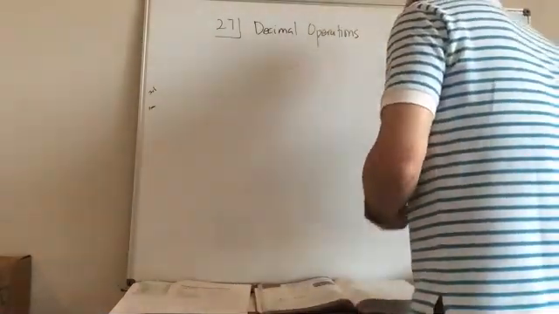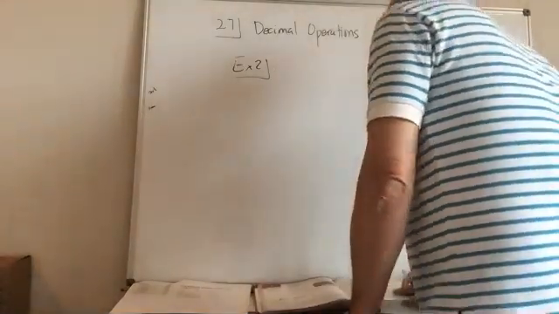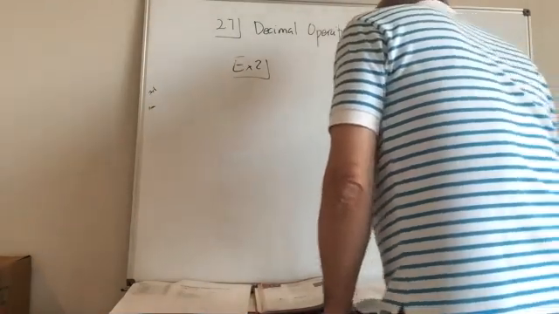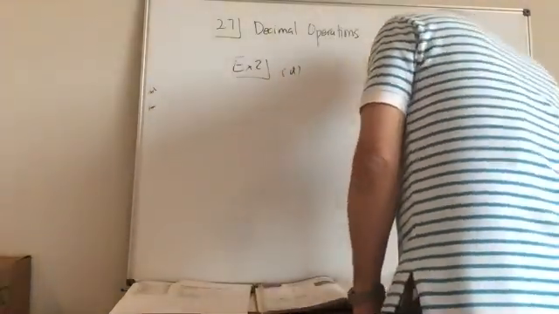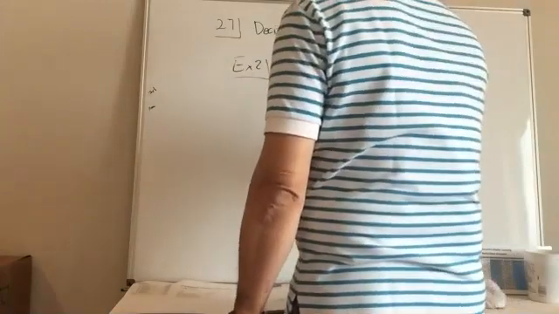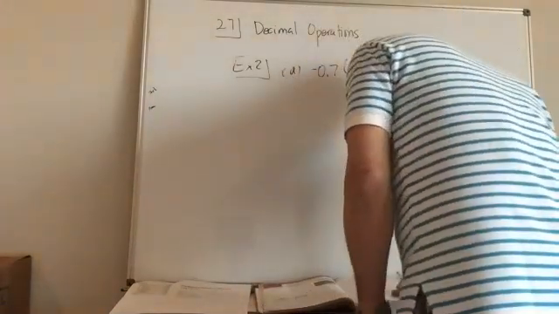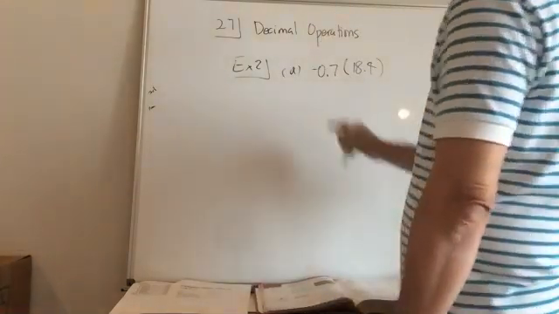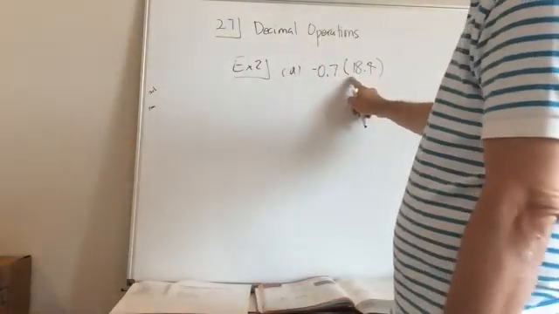All right, example number 2. It says to perform the indicated operation. A. The first one is negative 0.7 times 18.4. You have a negative number times a positive number.